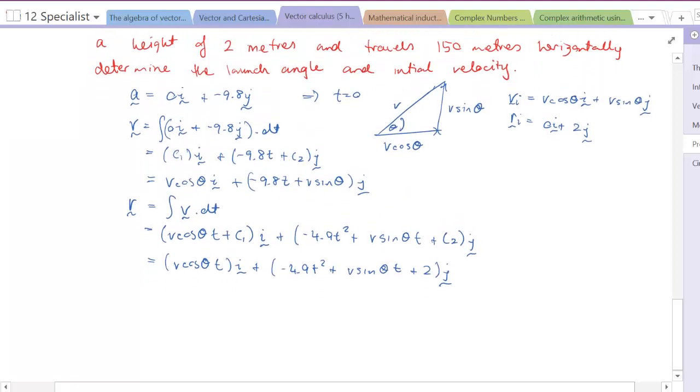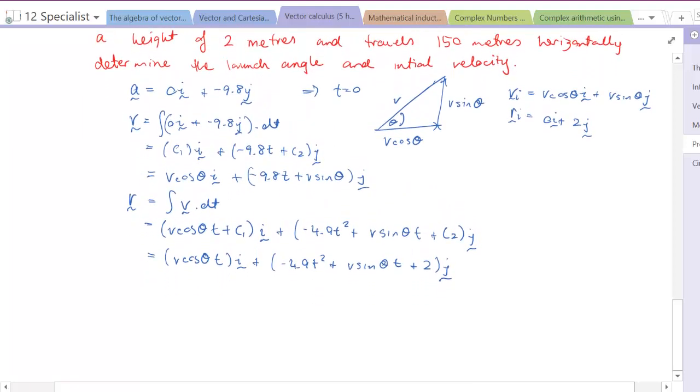Now, the information we're given is that when it lands, it's traveled 150 meters. So that tells us that x is equal to 150, time is equal to 10, and its final height is equal to 0.